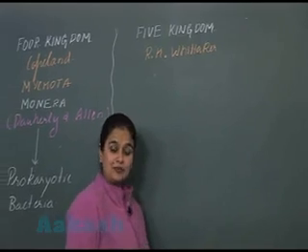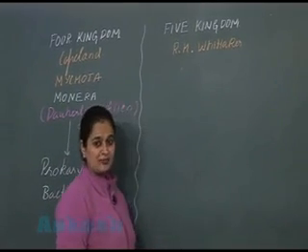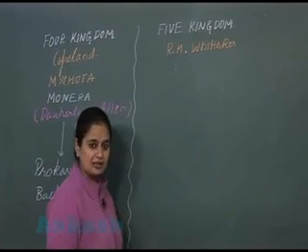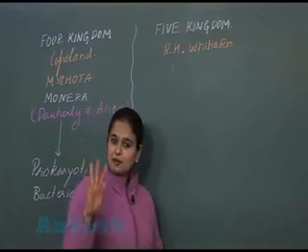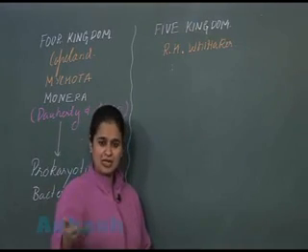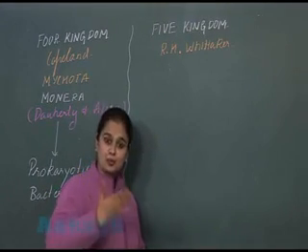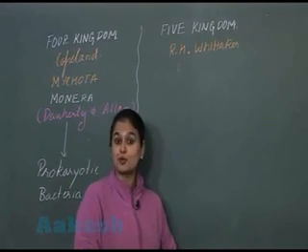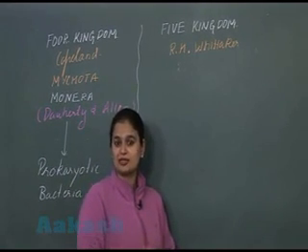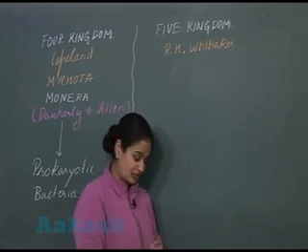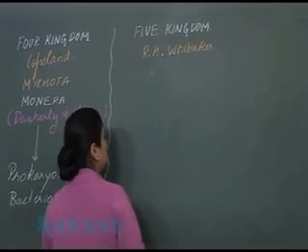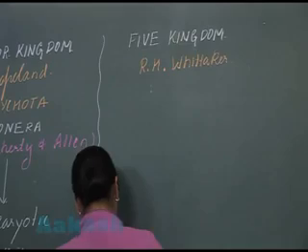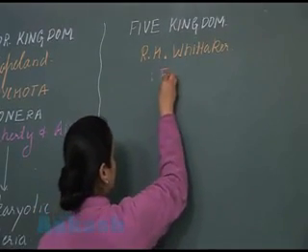The new kingdom which was created by Whittaker is fungi. Already four kingdoms were there: Plantae, Animalia, Protista, Monera. And now the new kingdom created by him is fungi.